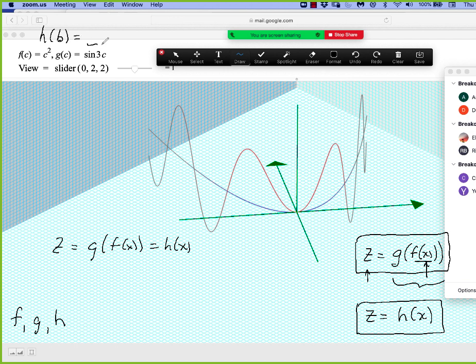Is there a formula I can write for h of b? I think it's sine 3 of b squared. Sine 3, or sine of 3b squared. Sine of 3b squared. What about the rest of you? Agree with that? Okay. So now I got 3 functions, f and g and h. And notice here in R3 there are 3 coordinate planes.